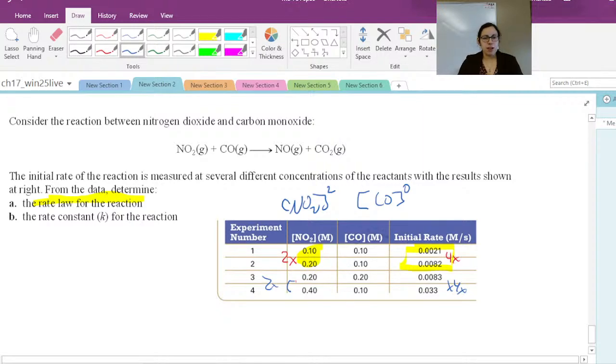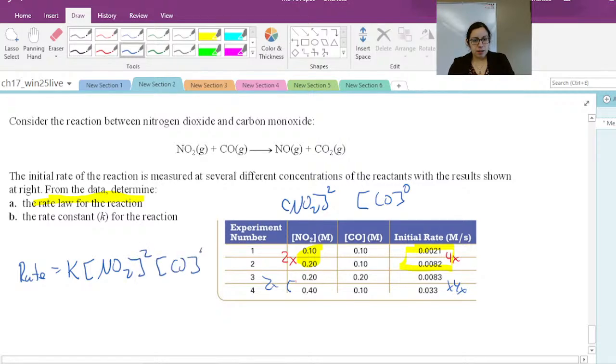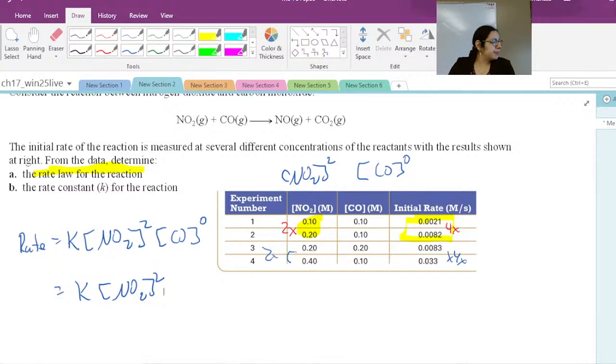Now we can write our rate law. Rate is equal to K times NO2 to the 2nd. We could write CO to the 0, but I'll just leave it off.